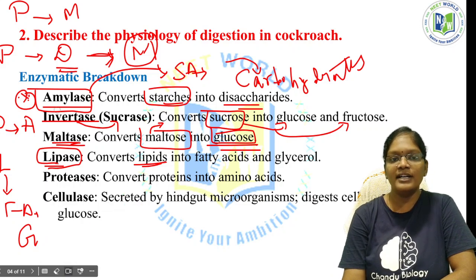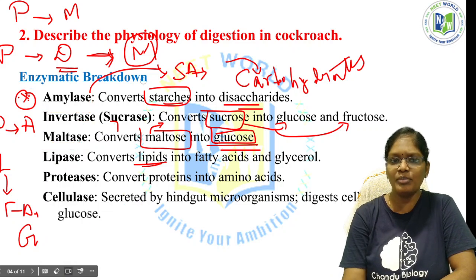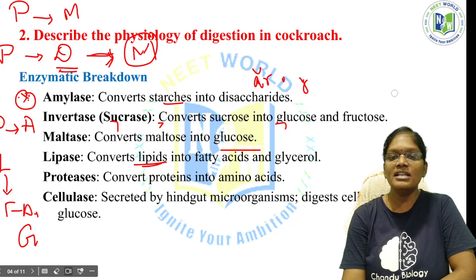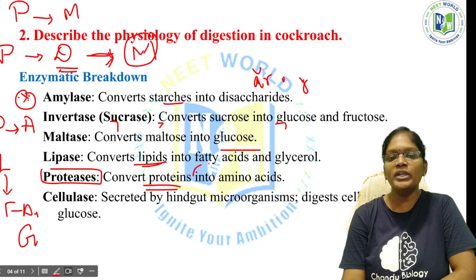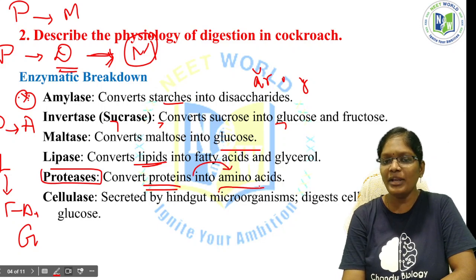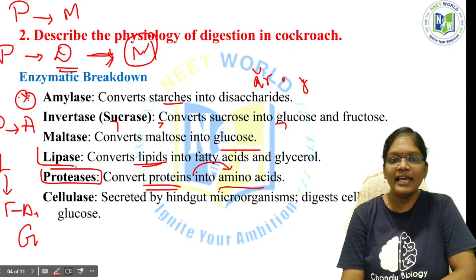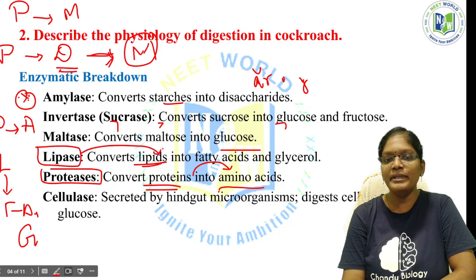Proteins are digested by the enzyme called proteases, so that the proteins may be converted into amino acids. Now the lipases convert the lipids into fatty acids and glycerol.